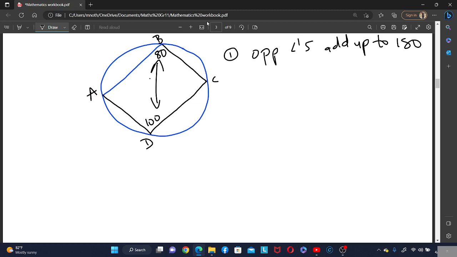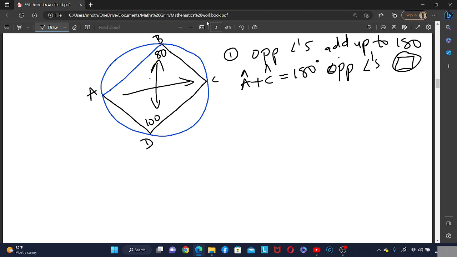So angle A plus angle C is equal to 180 degrees. So always the opposite angles of a cyclic quad add up to 180. If this one is 70, this one must be 110 degrees, right?